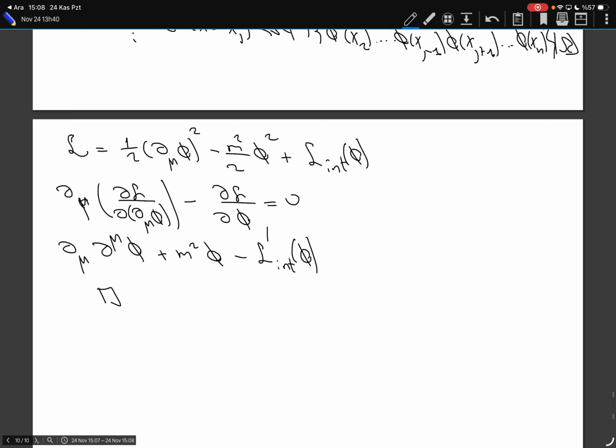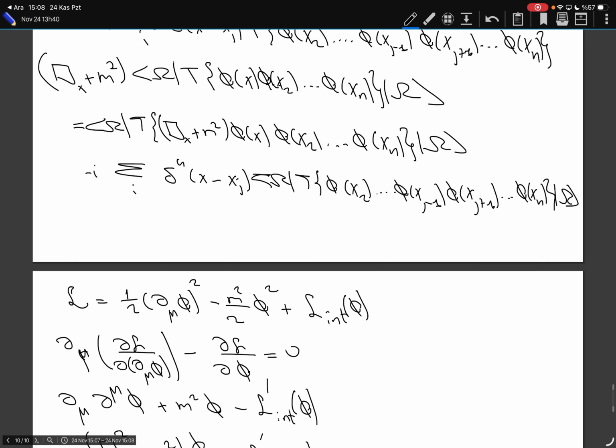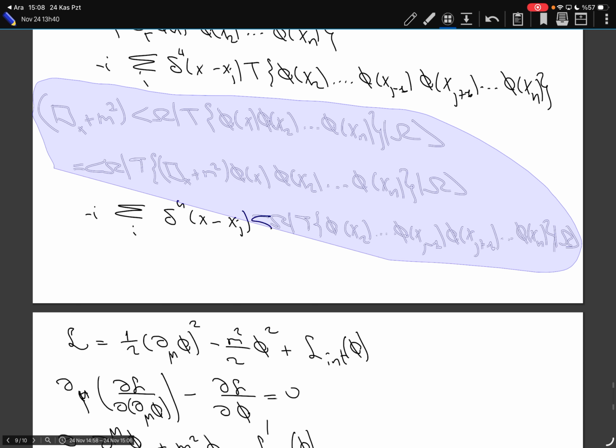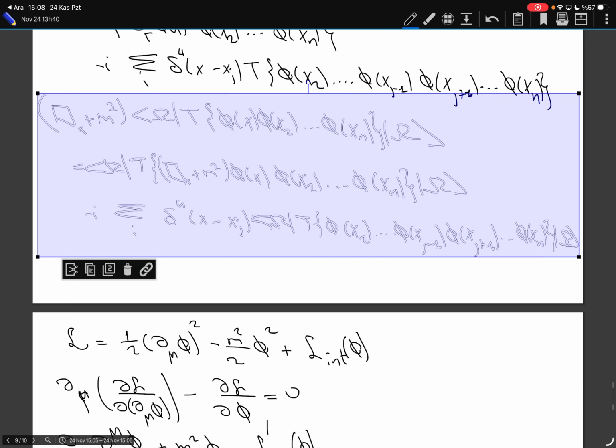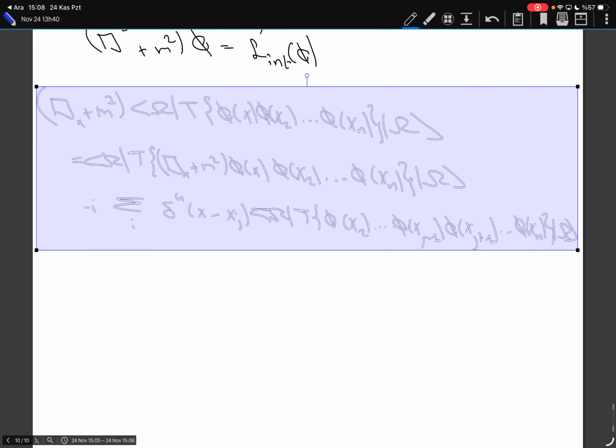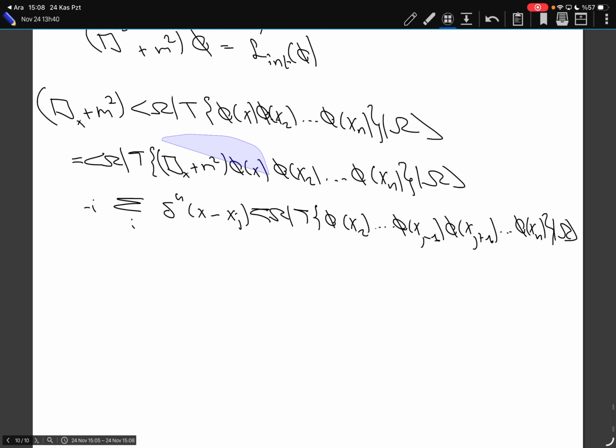Or plus m squared phi should be equal to the derivative of the interaction Lagrangian. So this was the equation I have. This is just my interaction Lagrangian derivative.